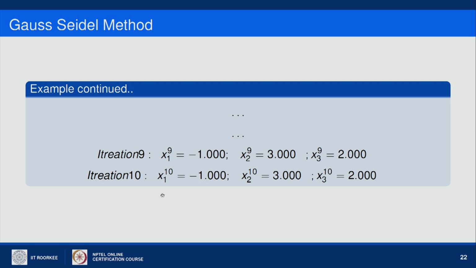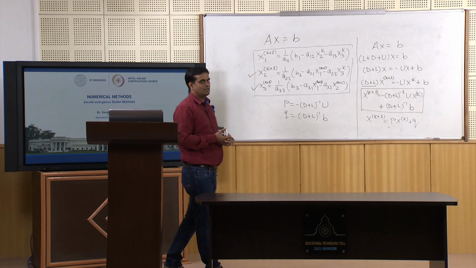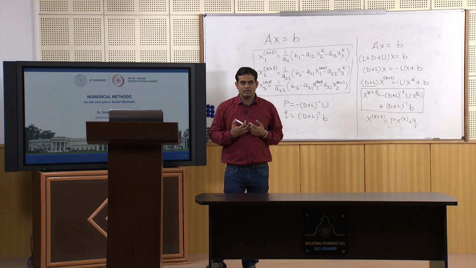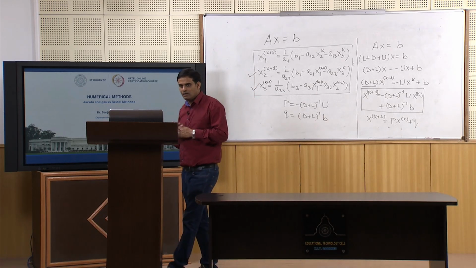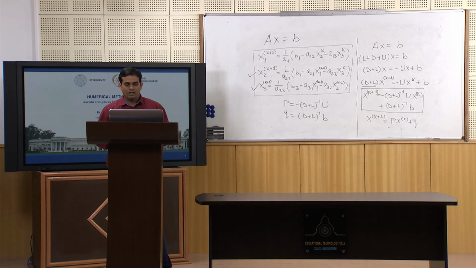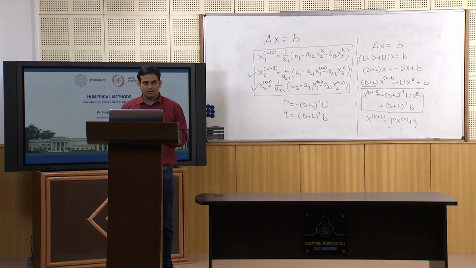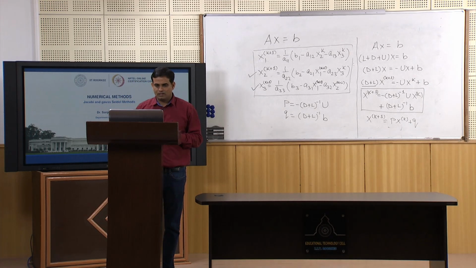In the 10th iteration I again get x1 is minus 1, x2 is 3 and x3 is 2. Hence my iterative scheme converges in 10 iterations, while the Jacobi method took 45 iterations, but the Gauss Seidel method converges in 10 iterations.